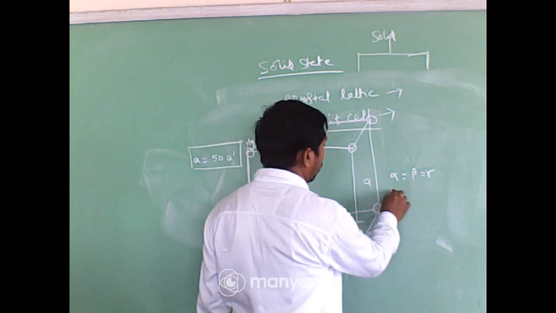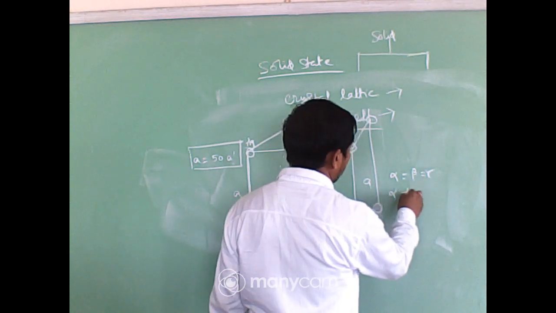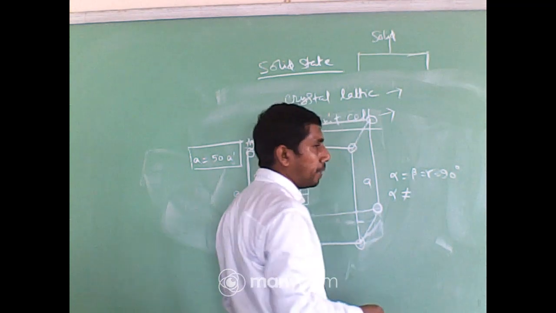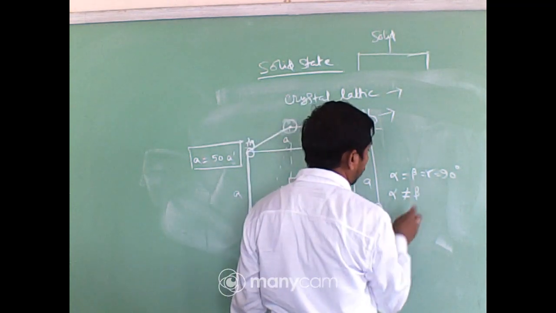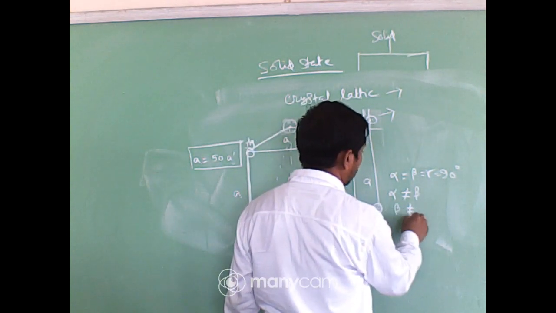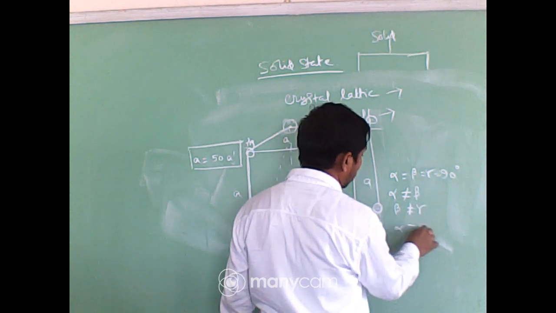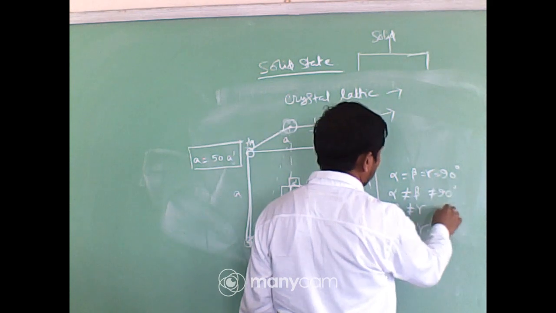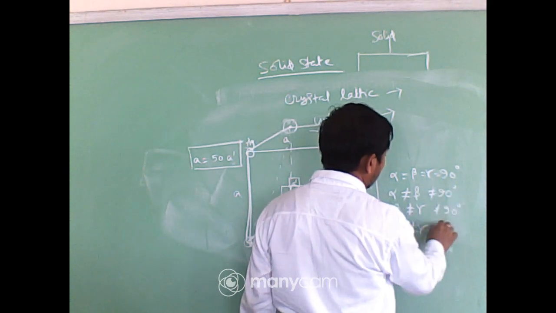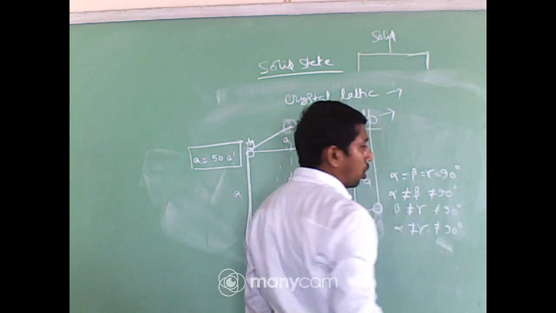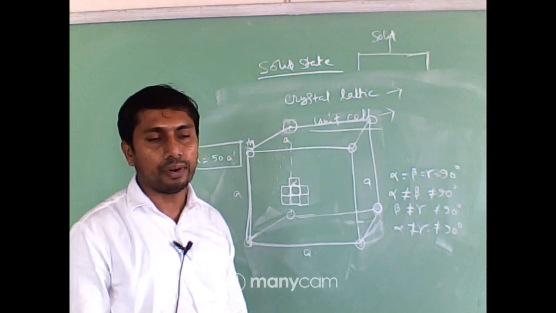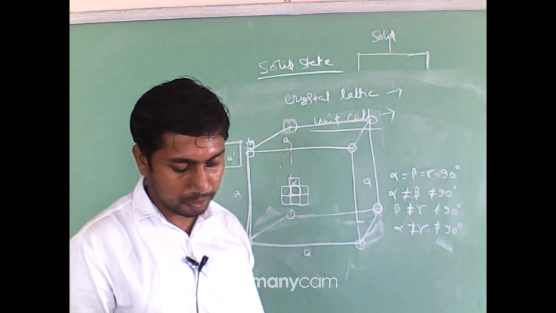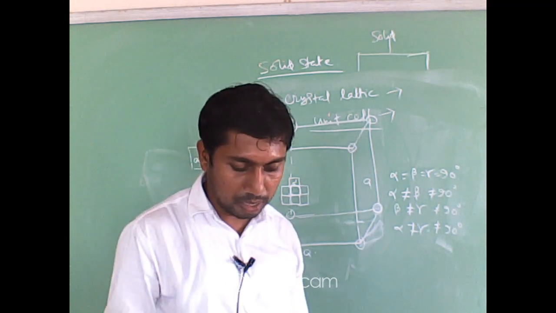But when they are not perpendicular to one another, then alpha not equal to beta, or beta not equal to gamma, or alpha not equal to gamma, etc., and they are not equal to 90 degrees. These conditions, when observed in different kinds of crystal lattice, are named in different ways. We will learn the names in the next class.